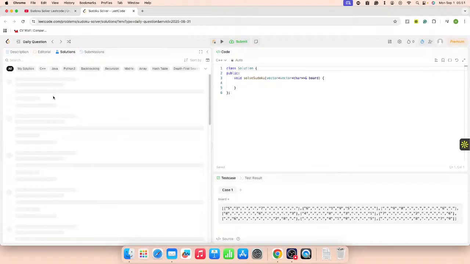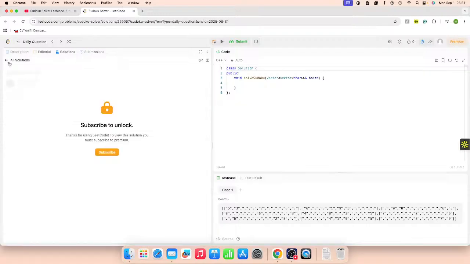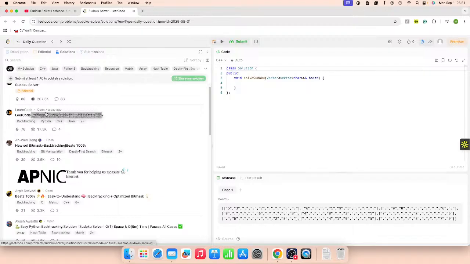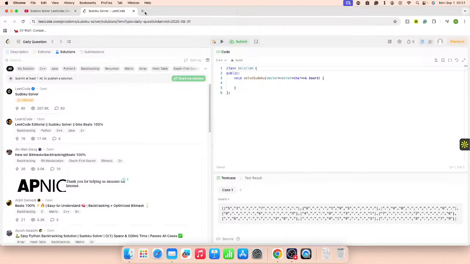Ouch. Let's check what people have put here. Leetcode editorial, Sudoku solver, beats 100%. You know what? I can see this editorial. There is a GitHub repository which is really useful.